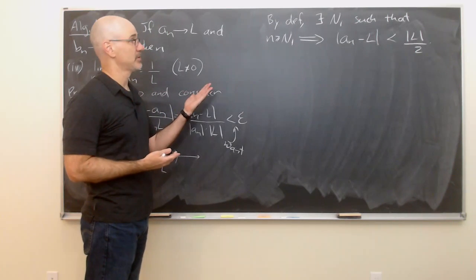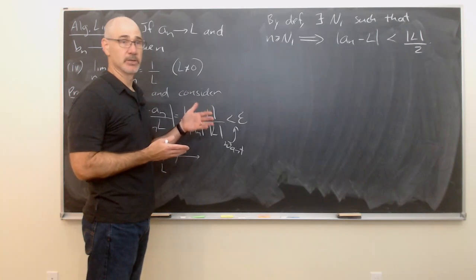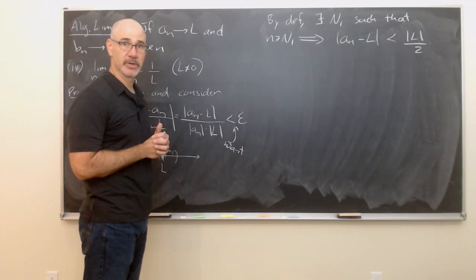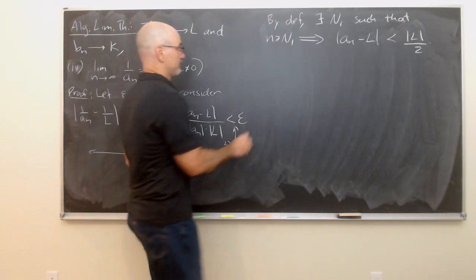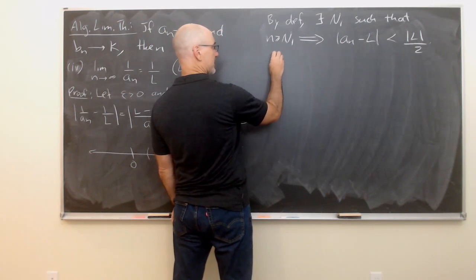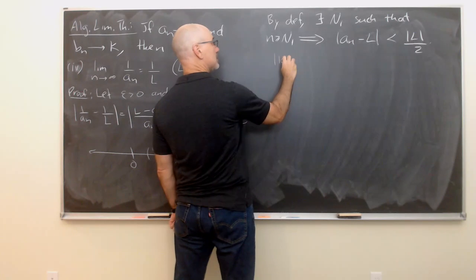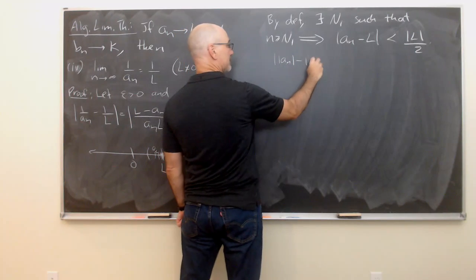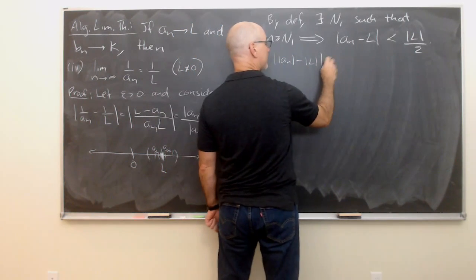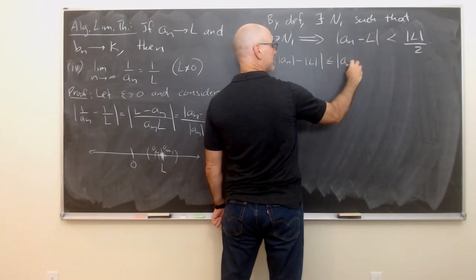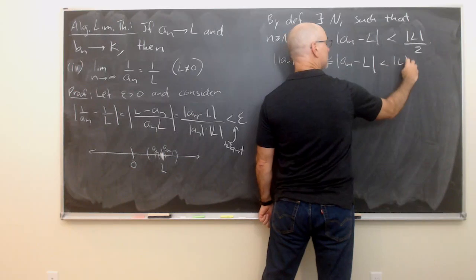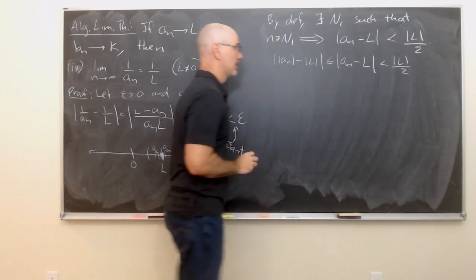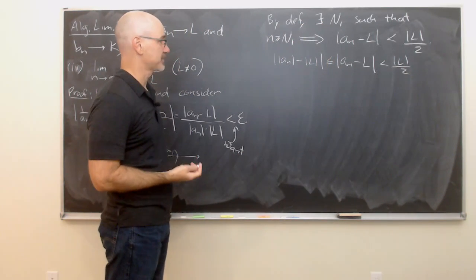I know the definition works for all positive numbers, so certainly it works for this positive number, absolute value of L over 2. Now, by exercise 1.2.6, the absolute value of a sub n minus the absolute value of L is smaller than the absolute value of a sub n minus L, and so it is also less than absolute value of L over 2.